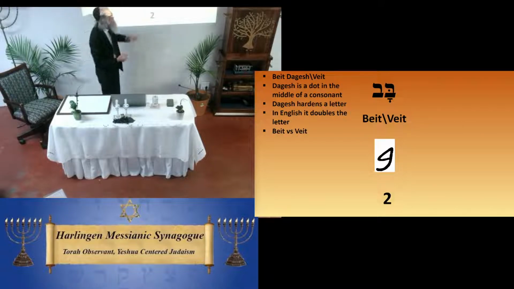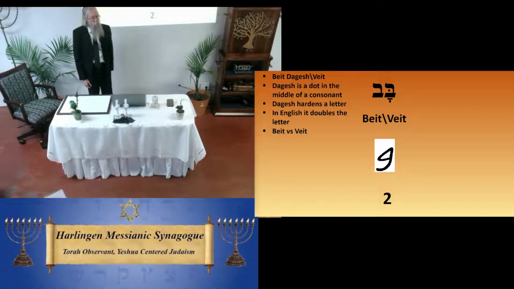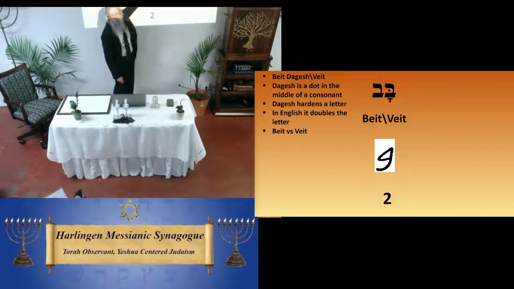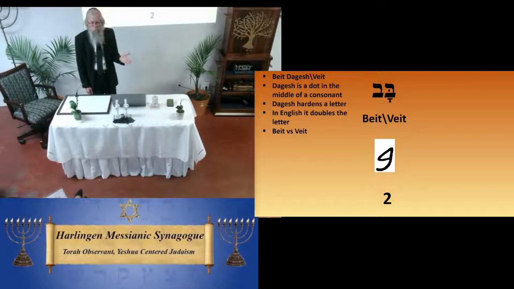Okay, so how do you spell Shabbat in Hebrew? Shin Bet Tav. But it's Shin Bet Dagesh with a dot in the middle of it. If it does not have the dagesh in the middle of it, then it's going to sound like a V. Now, by the way, you do this in Spanish as well. The B and the V are oftentimes crossed.